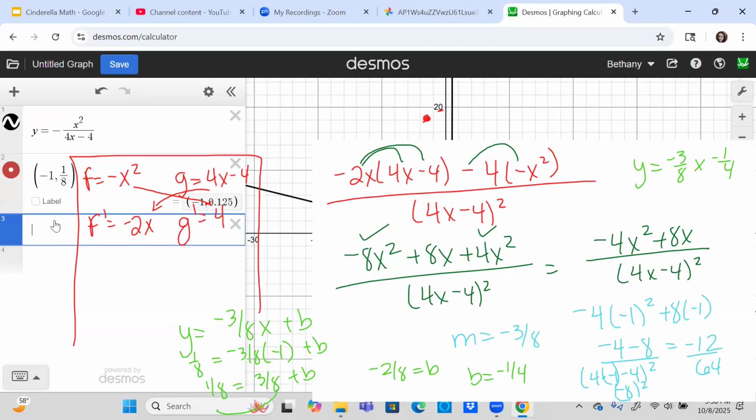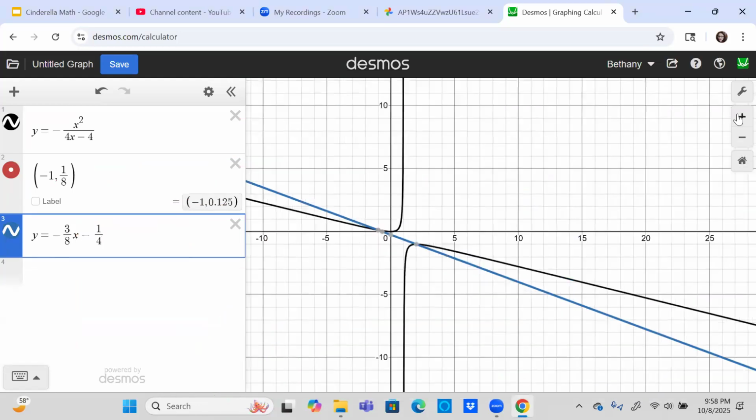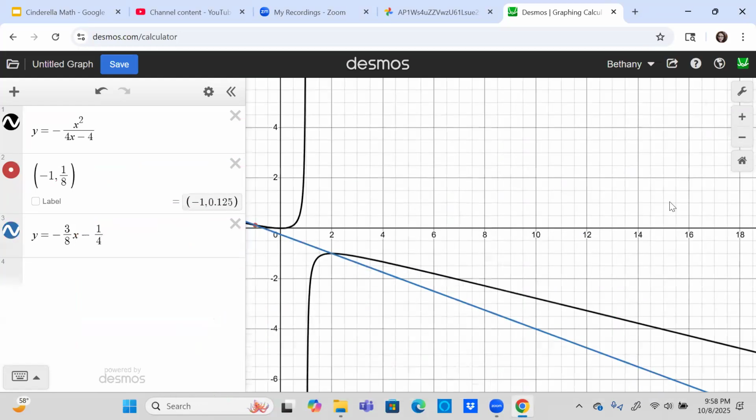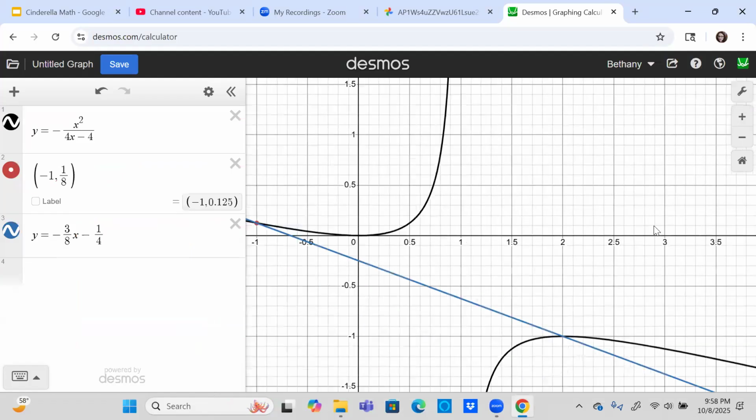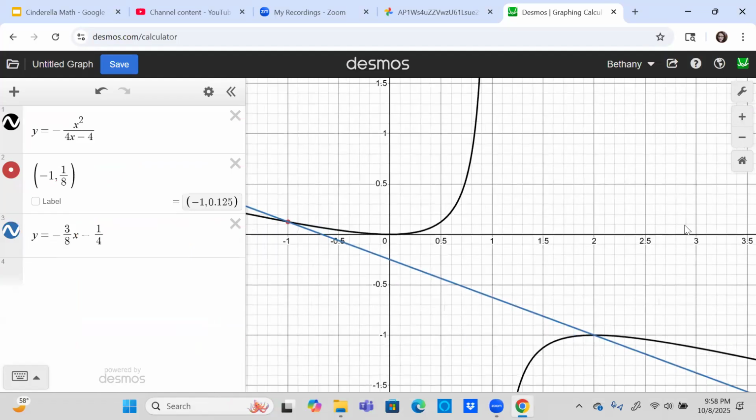The answer we just got was y equals negative 3/8 x minus a fourth. It's hard to tell. Where's our point of interest, I guess? Yeah, that looks like it hits.